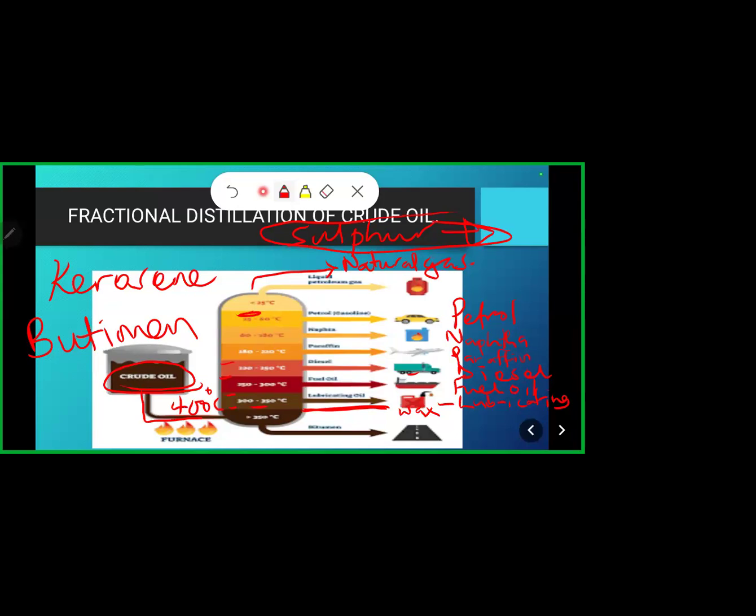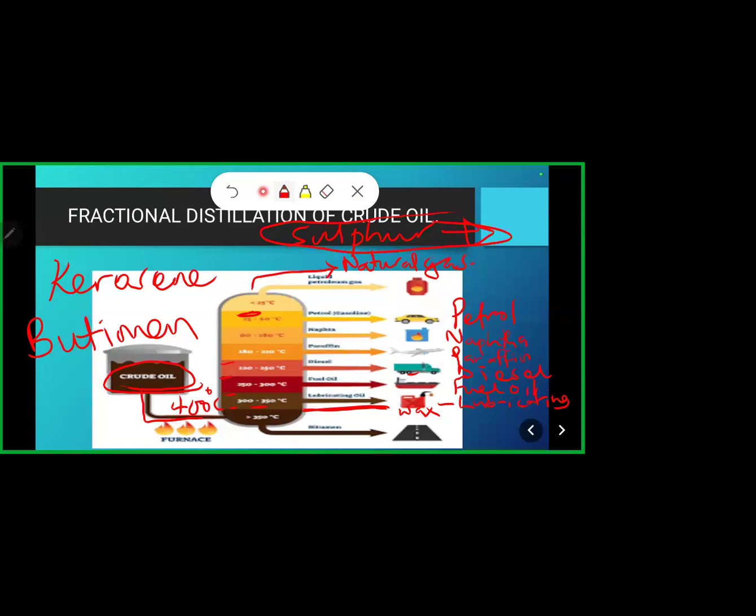In the chat, Oppo says naphtha can be used as a solvent for industrial extraction processes. Okay, thank you. So naphtha has all those different uses.